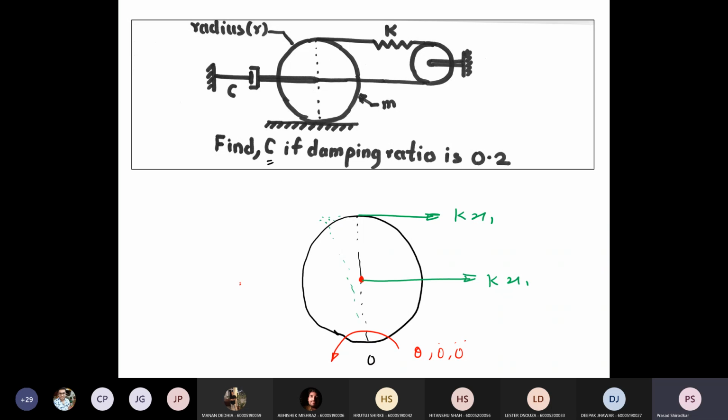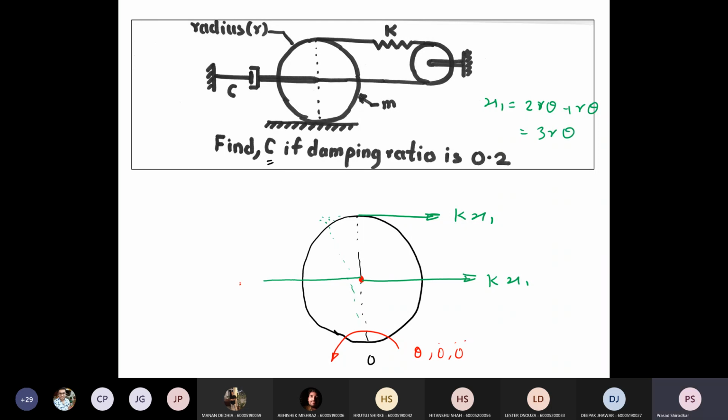Here, where x1 is equal to, this radius is r, so x1 is 2r theta plus r theta, that is 3r theta.